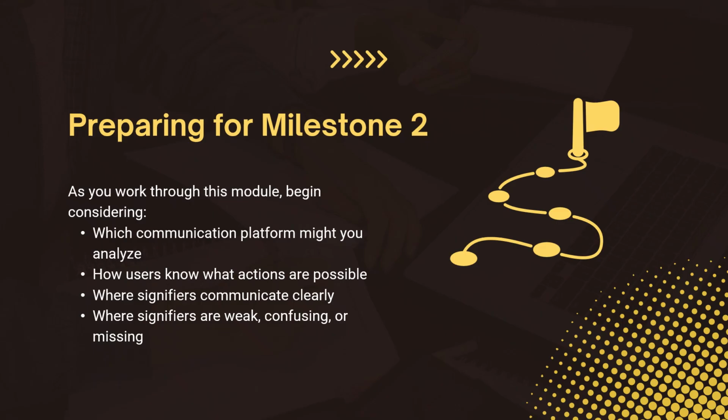As you explore your chosen platform, I want you to start asking yourself: what signifiers tell users what actions are possible? Where are icons used? Where are symbols used? Where are indexes used? Which signifiers are clear immediately? And which ones require learning or guesswork? And then where might a new or unfamiliar user struggle? You're not redesigning yet, you're just observing and interpreting.